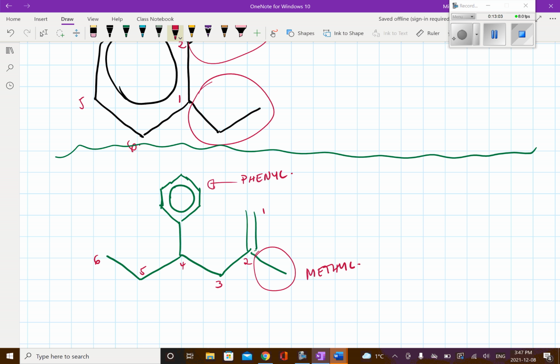And now let's label it. So we have methyl on the second place. We have 2 methyl, and then on the 4th one we have phenyl, and then we have 6 carbons, so hexane, since it is double bond.